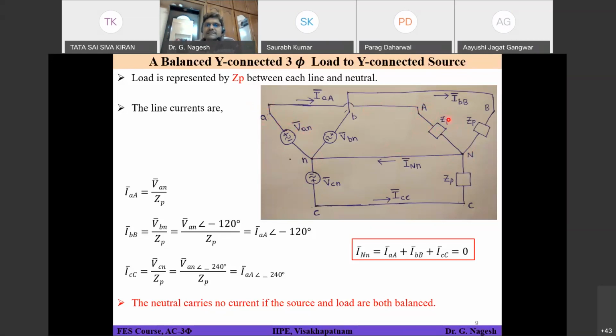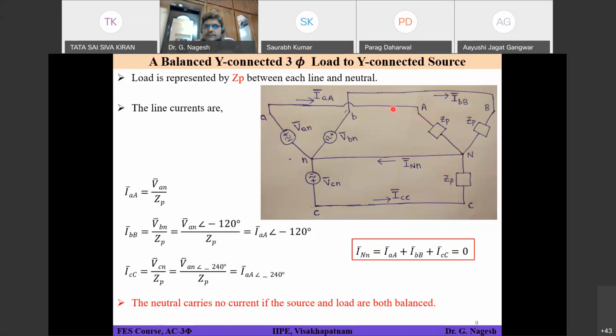VAN divided by ZP, that will give you the phasor form of the current flowing in phase A. You remember one more point, in a star connected system, your line current and phase current is same. Phase current means current flowing from A to N. Line current means current flowing from this small a to capital A.